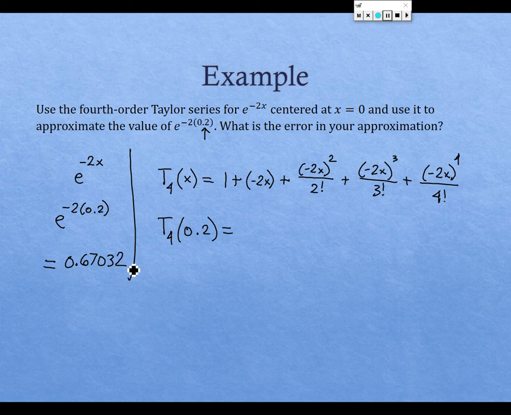All right, so I'm getting, for this, someone can check me on this, exactly 0.6704. Can someone check me on that?